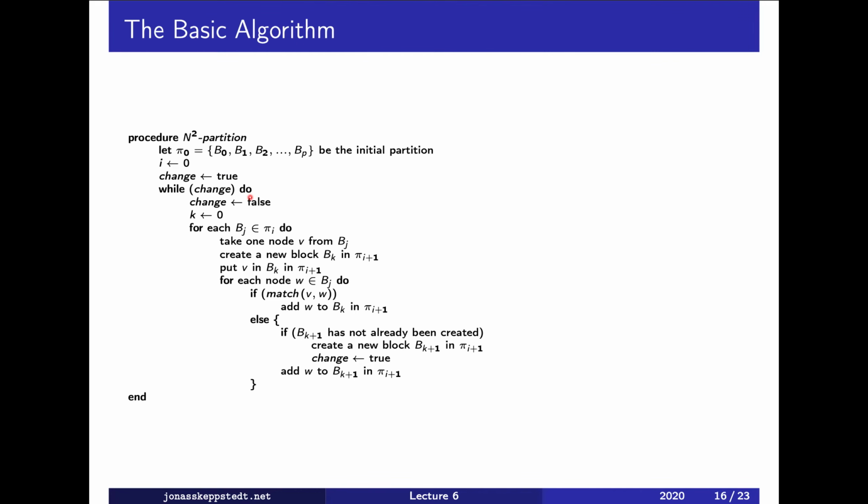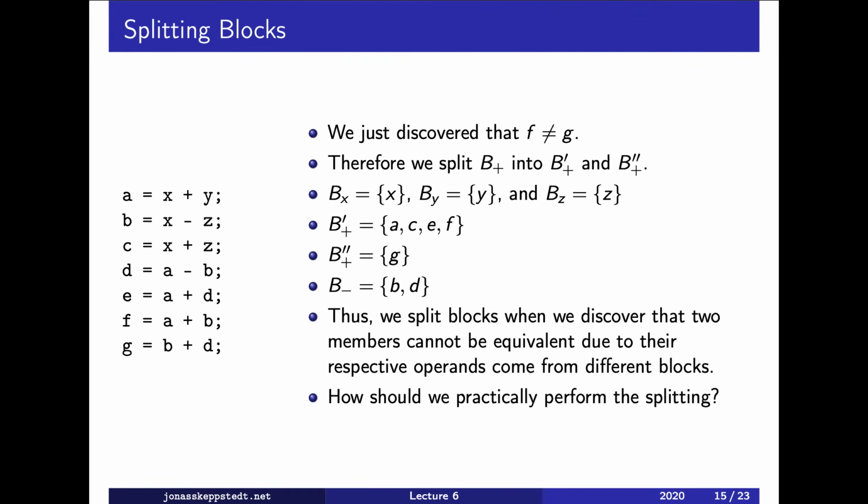Okay, so we take a block, and then we take one instruction called node here from that block and put that in a completely new block. So we take, for instance, the A instruction and put that in a new block.